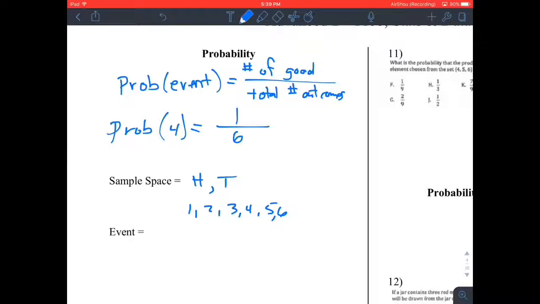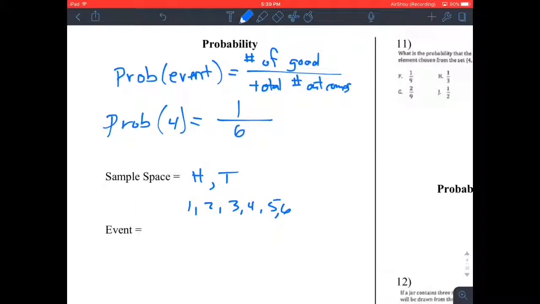An event is what you want to happen, what you're trying to get to happen. For example, an event would be a 4 happening, or an event would be that you're getting a head if you flip a coin. So sample space is all the different possibilities, and an event is one possibility.